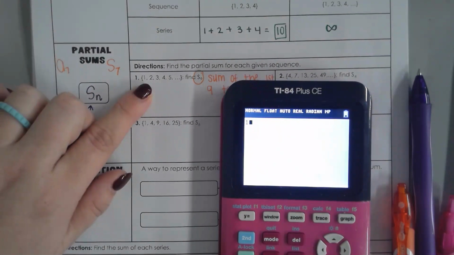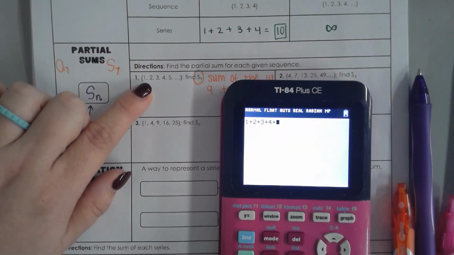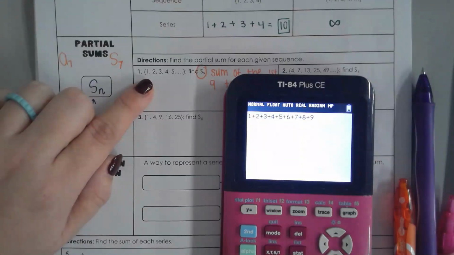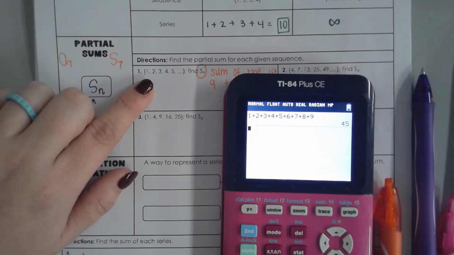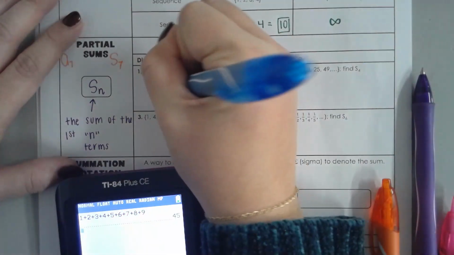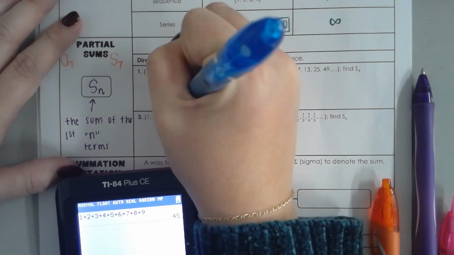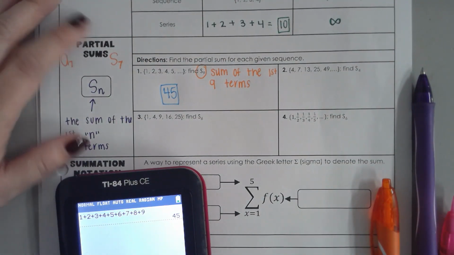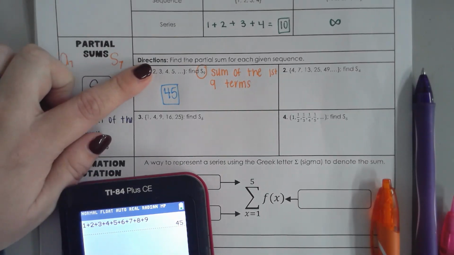Like 1 plus 2 plus 3 plus 4 plus 5 plus 6 plus 7 plus 8 plus 9. And you get 45. What is the 9th term in this sequence? 9.